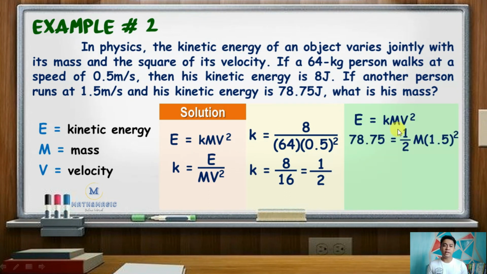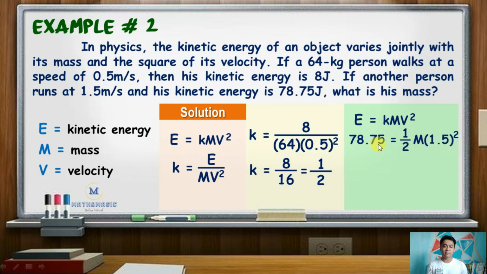From here, we will use the variation equation to solve the mass of the running man. Using the second set of values, it will be 78.75 equals 1/2 m times the square of 1.5. The square of 1.5 is 2.25.